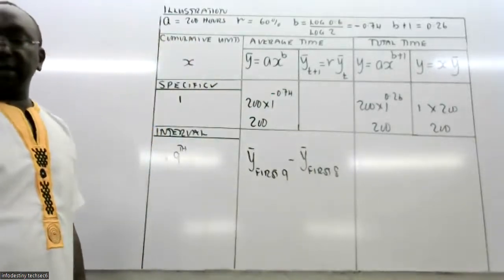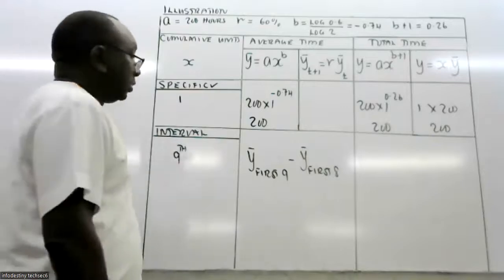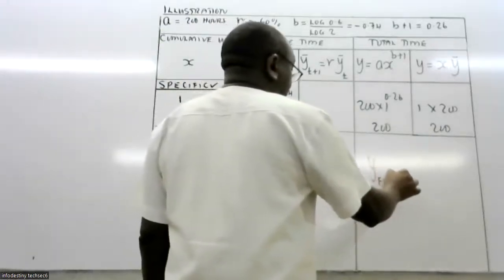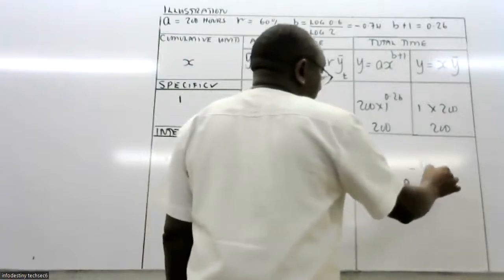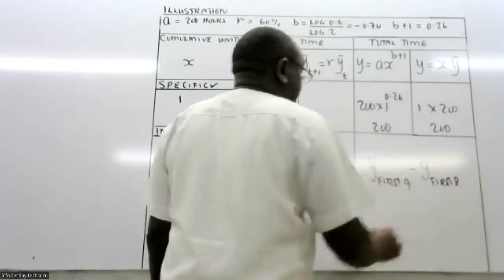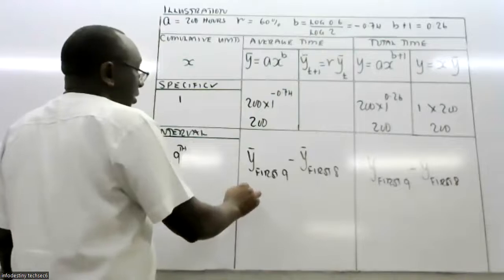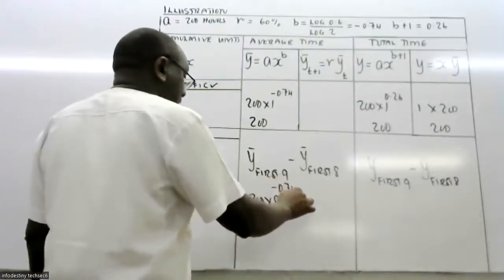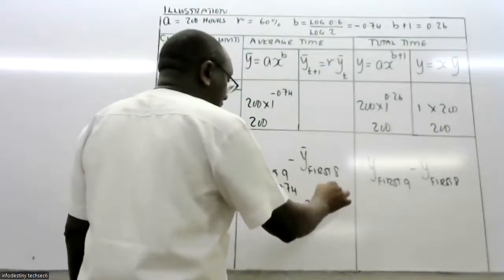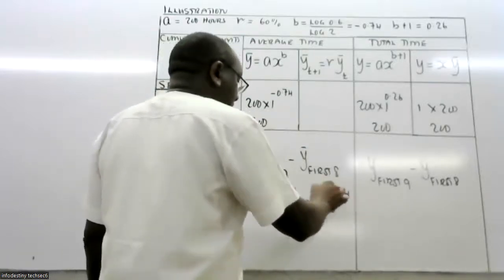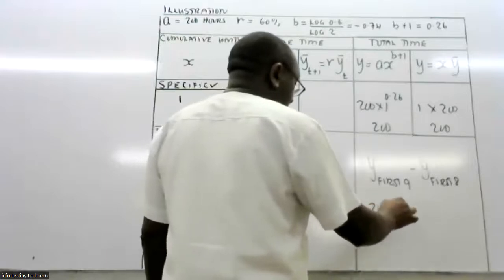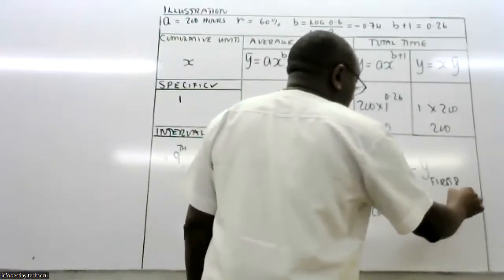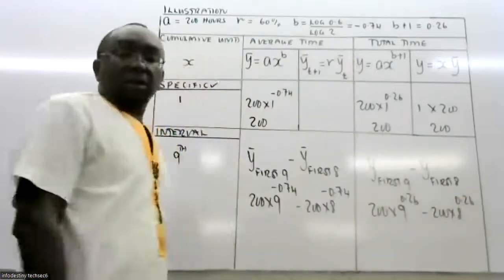And here too you will say y for the first 9 minus y for the first 8. So this one will be 200 times 9 raised power minus 0.74 minus 200 times 8 raised power minus 0.74. You do the same case here, raised power 0.26. So solve that.